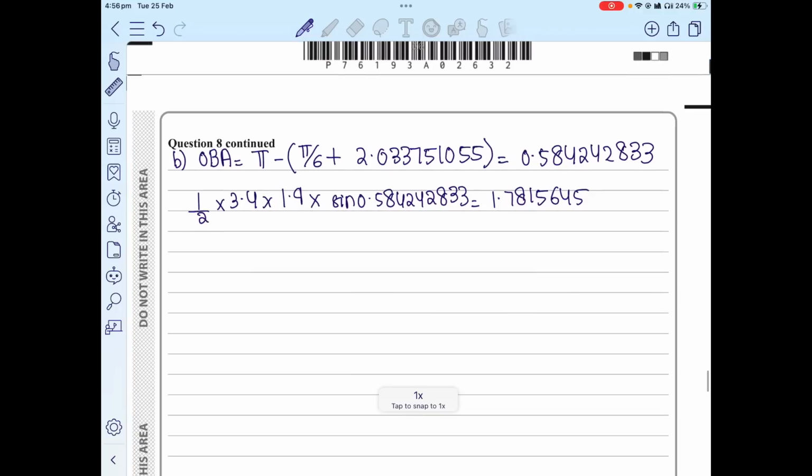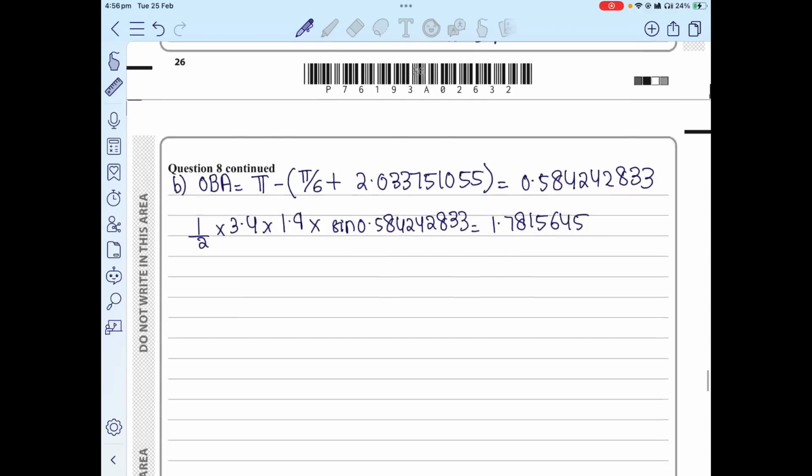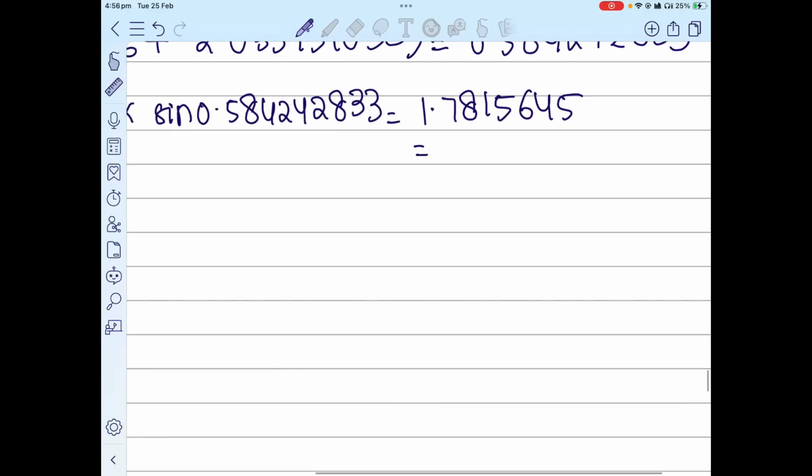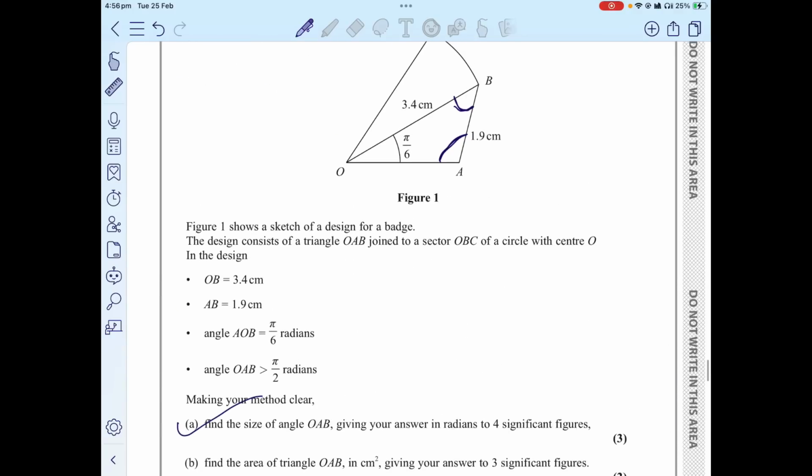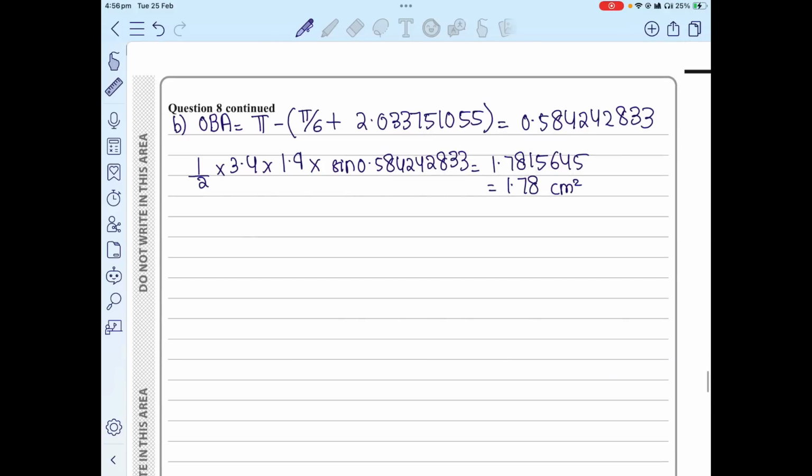If I round that off, how many significant figures? They have asked for 3 significant figures, so 1.78 centimeters squared, I believe. So what I've done is I found this value of OBA because I know the angles in a triangle add up to 180. After that, I just apply the formula half times AB, where A is 3.4, B is 1.9, and sine C, which is the angle in between. And I would get this answer.